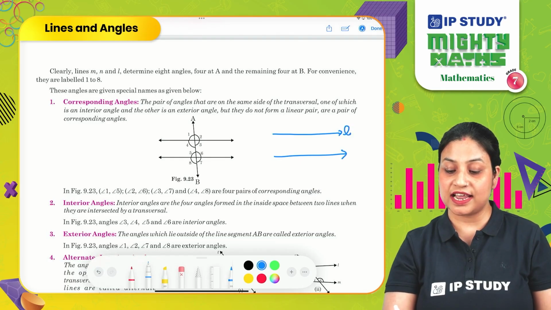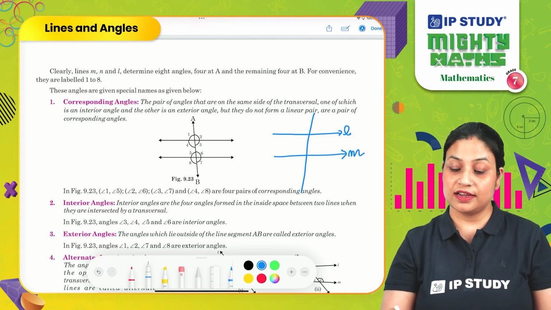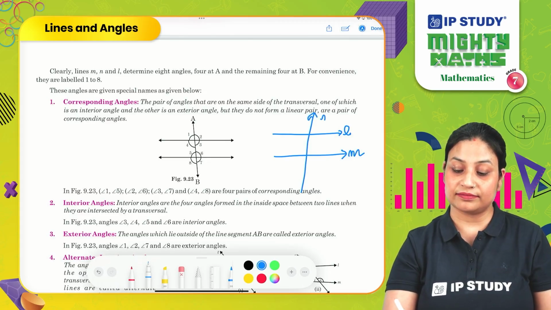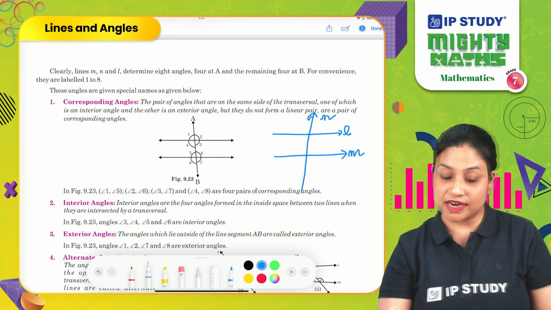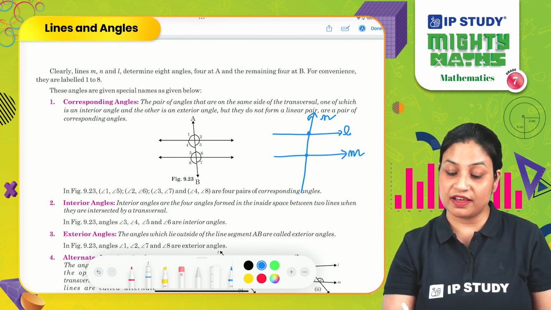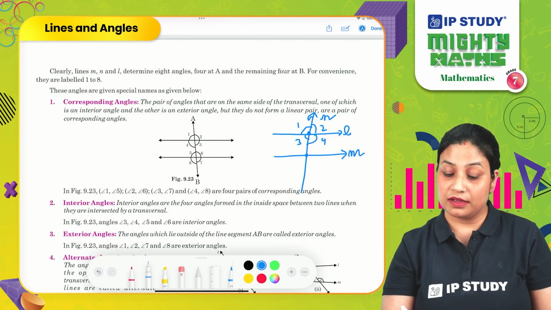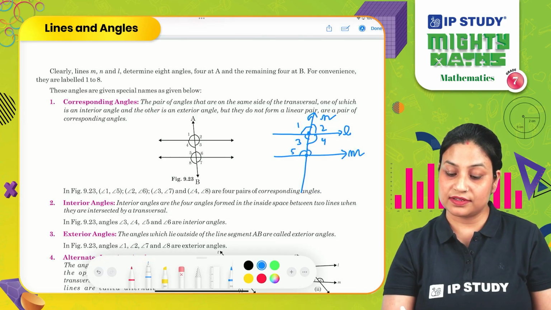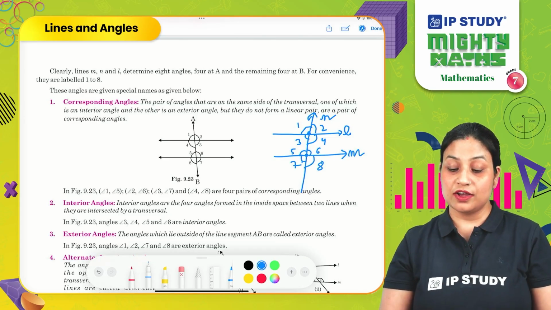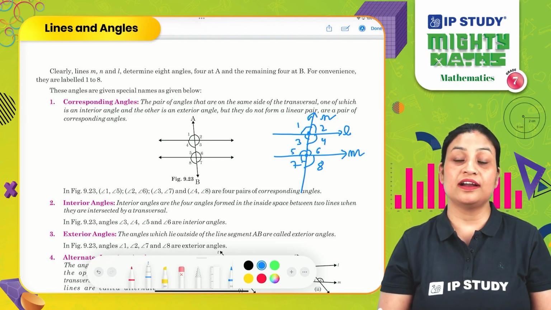Let's say this is L, this is M, and we have this transversal line, let's say this is N. This is cutting these two lines at these two points, right? So how many angles do we have? Let's say this is angle 1, this is angle 2, 3, 4. Then we have 5, 6, 7 and 8, right? So we got 8 angles over here when a pair of lines is cut by a transversal.